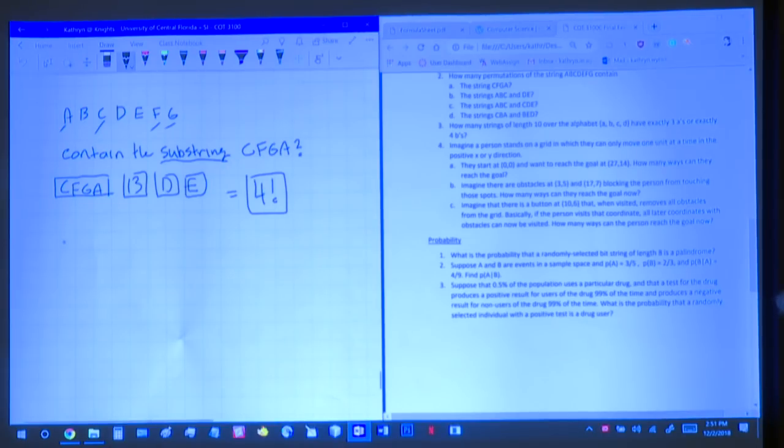The next one is the strings A, B, C, and D, E. So we would do the same thing, A, B, C, D, E, and we would be left with just F and G. So this one also has 4 new letters, so this one would also be 4 factorial.